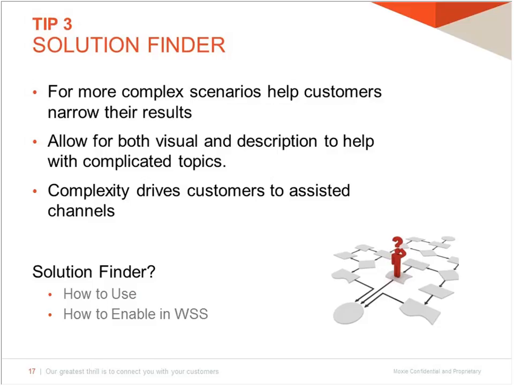I think the Solution Finder is a great way for those complex conversations that might have multiple different choices to go through, to help a customer navigate that. I think it's more effective than having an agent Q&A: is it product A? Is it product B? Is it product C?